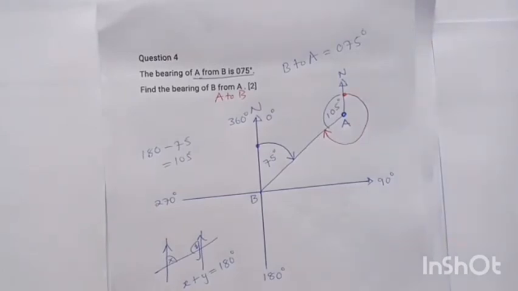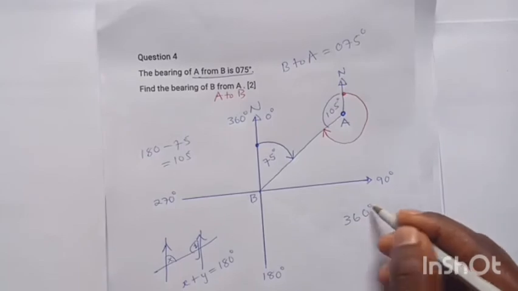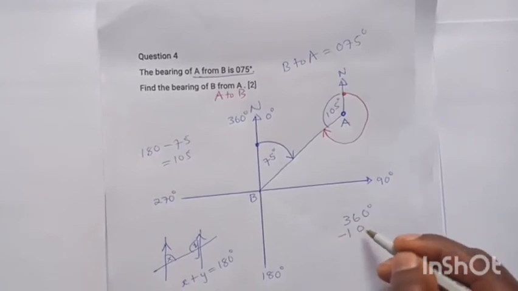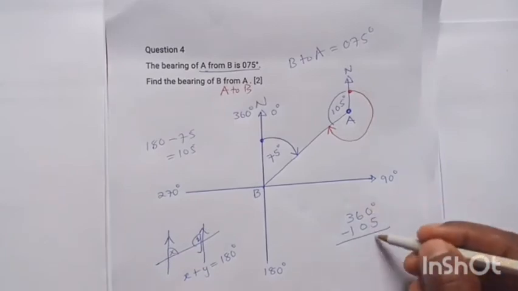To find the required bearing, which is A to B, I then apply the complete revolution concept, which says that angles which form a circle complete a revolution. They add up to 360 degrees. So 360 degrees minus 105 degrees. 0 minus 5, it can't.